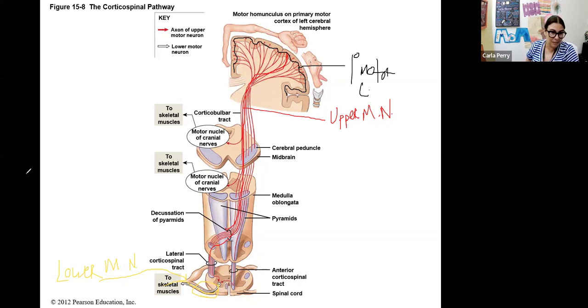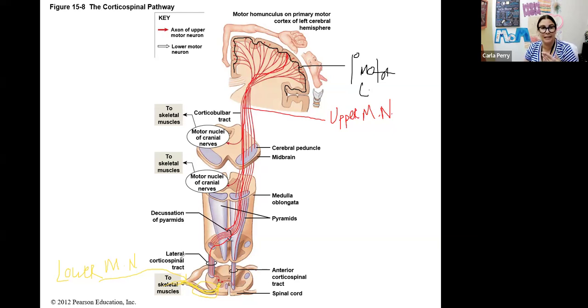Now you can see, because this is a cross section of a spinal cord, that the lower motor neuron exits the cord through the ventral root. And we know that all motor information exits through the ventral root of the spinal cord.